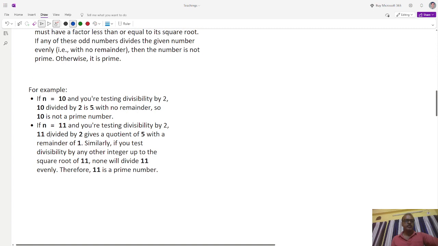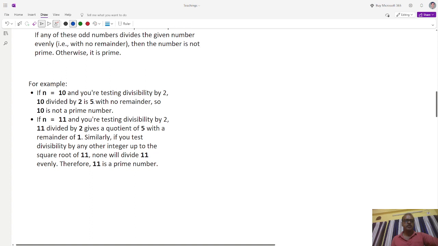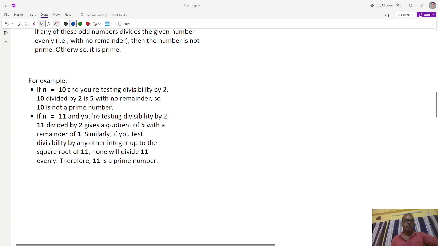And if n equals 11 and you are testing divisibility by 2, 11 divided by 2 gives a quotient of 5 with a remainder of 1. Similarly, if you test divisibility by any other integer up to the square root of 11, none will divide 11 evenly. Therefore, 11 is a prime number. Understand?